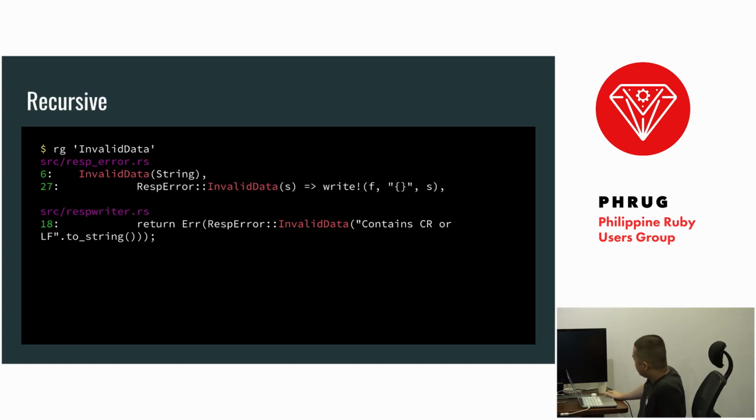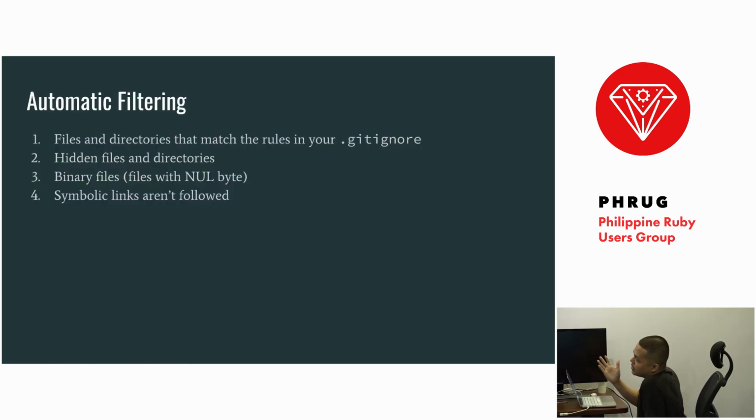For ripgrep, first you'll notice the colors, and it's grouped by files, and there's no need to pass a recursive flag because it's recursive by default. You also don't need to specify the current directory, because if you don't pass any paths, it will check the current directory by default. And there's no need to exclude the target directory, because ripgrep has a feature which is automatic filtering.